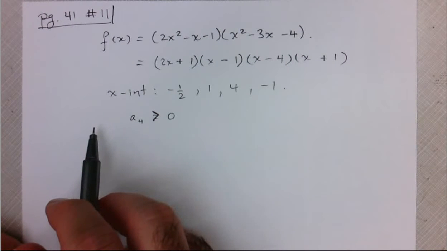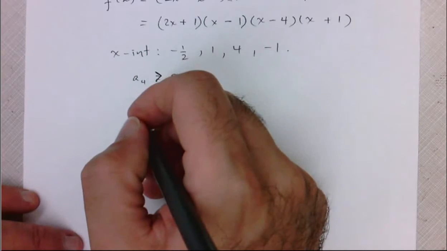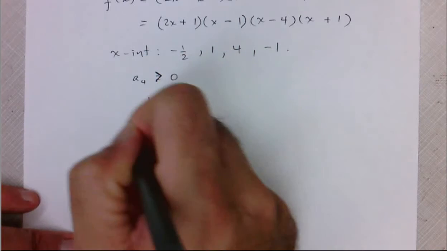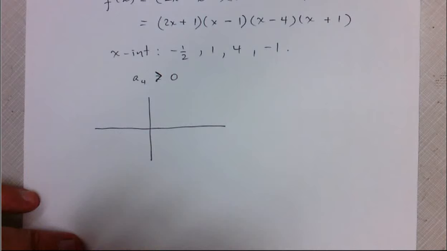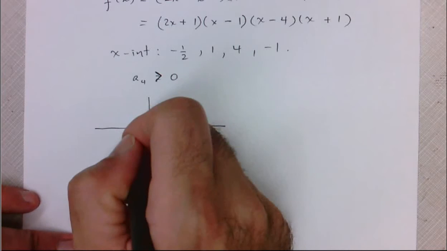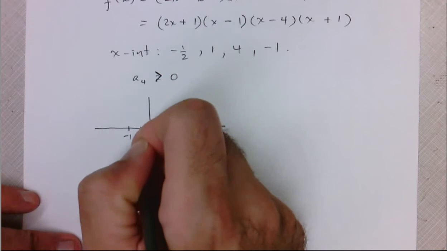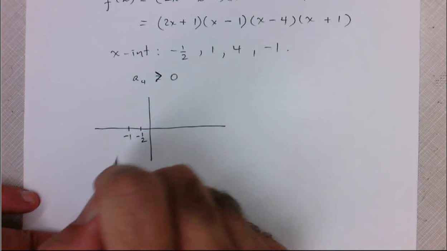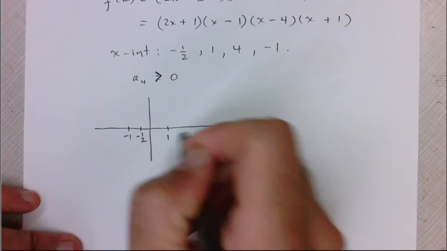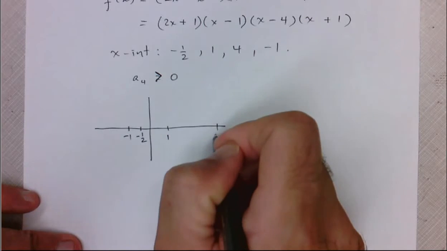So in fact, before going to Desmos, let me just sketch what this would look like. Here we have -1, here we've got -1/2, and we'll need +1, and we'll need 2, 3, 4.